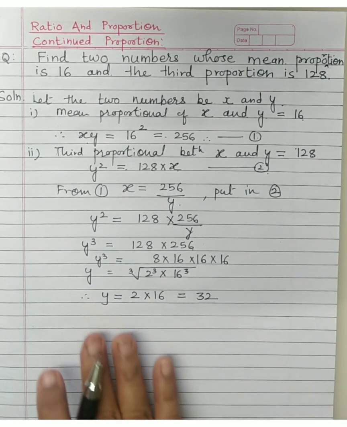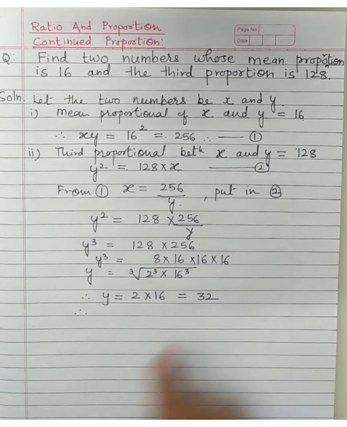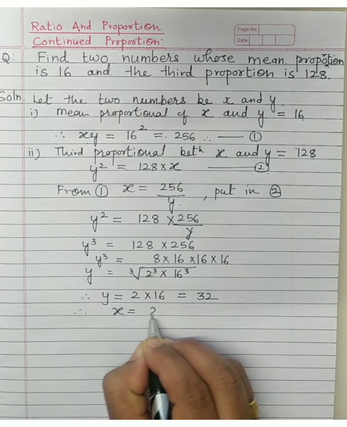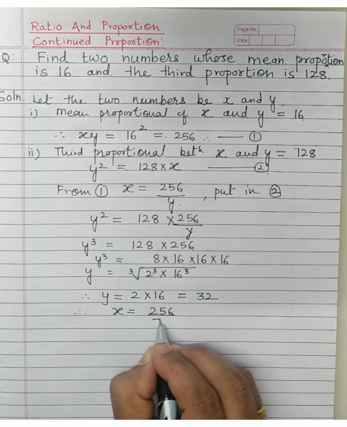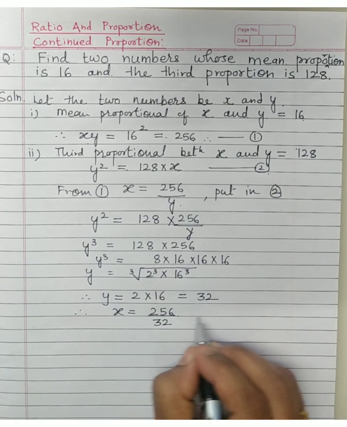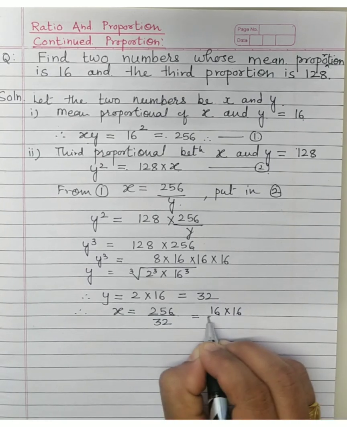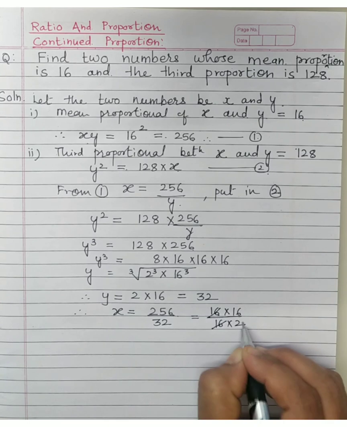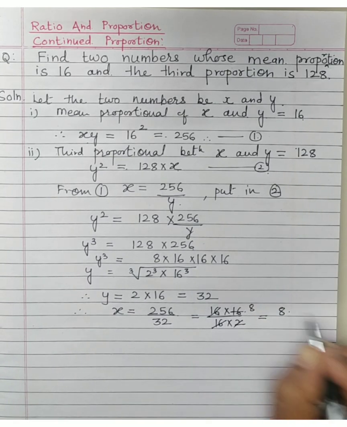First value is found, Y is 32. Therefore, you can find the value of X as well. X will be equal to 256 upon Y, which is 32. 256 is 16 into 16, so 16 into 16 upon 16 into 2. What is the value of X? 8.